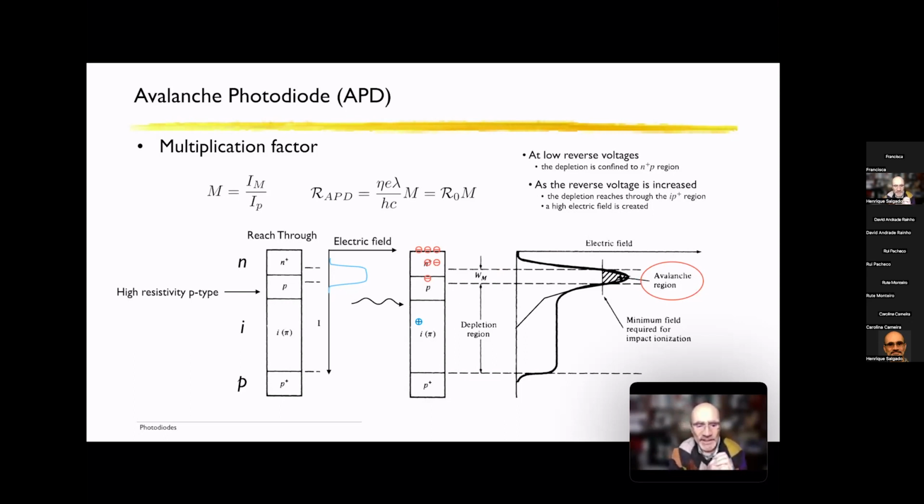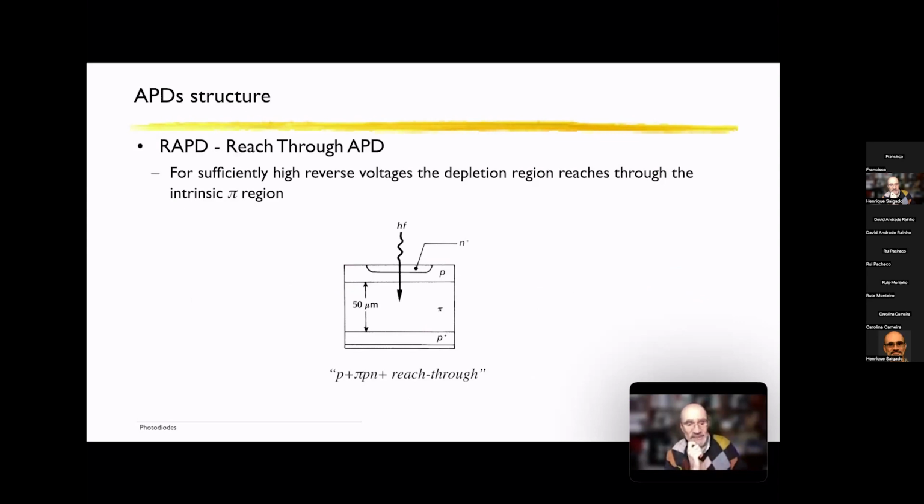So this photodiode in particular has an advantage that it has an additional gain, and so a higher sensitivity than the simple PIN structure. This is a diagram of a structure of a reach-through APD. And these types of photodiodes, since they have this avalanche gain, are called avalanche photodiodes, or APD for short.